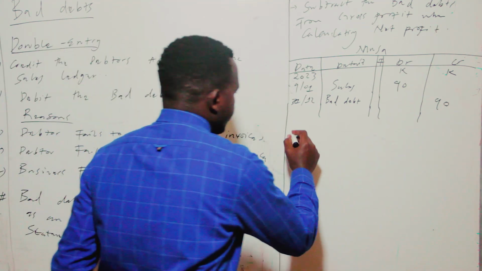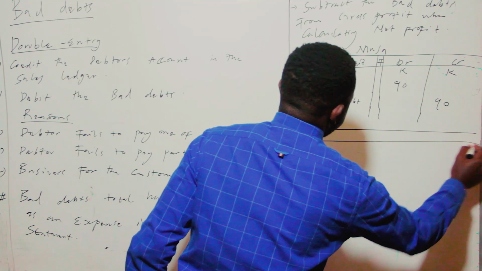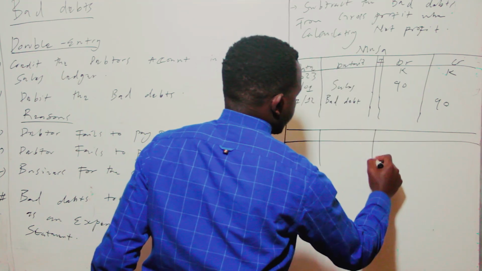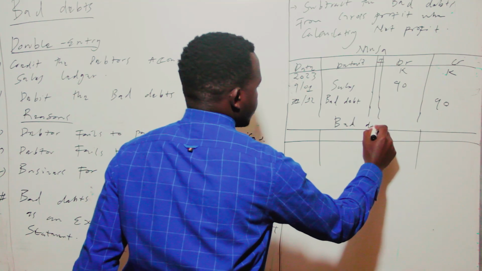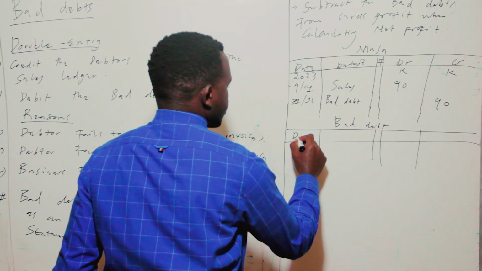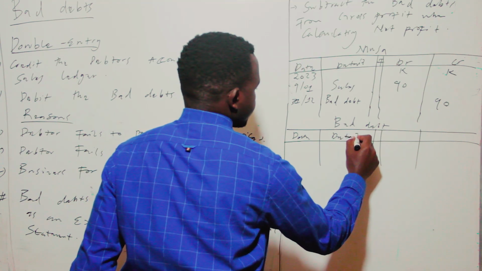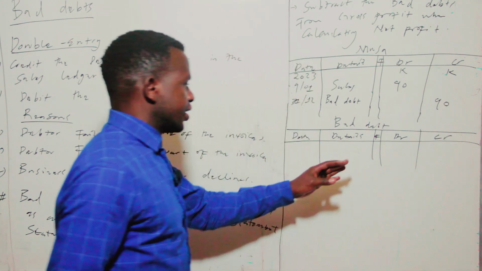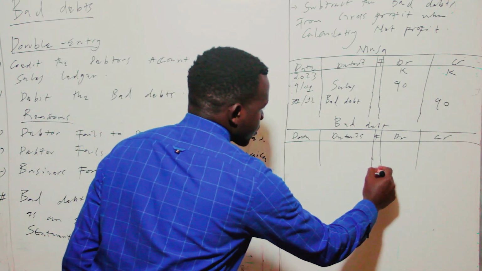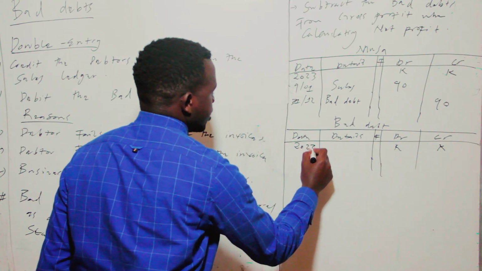And to complete the double entry, we are supposed to debit the bad debts account. So here you can say bad debts, with details, folio, debit, credit, in kwacha, and the year is 2023.